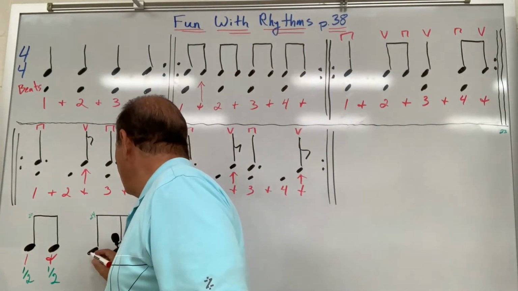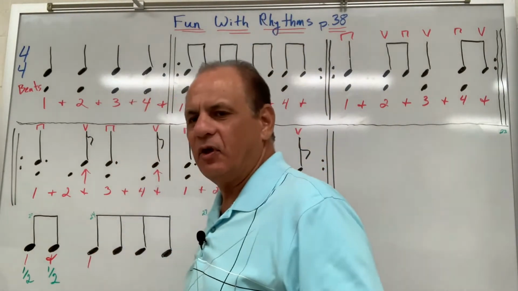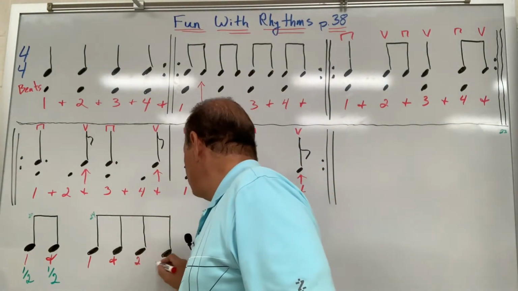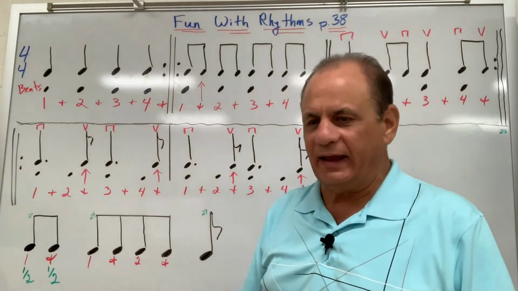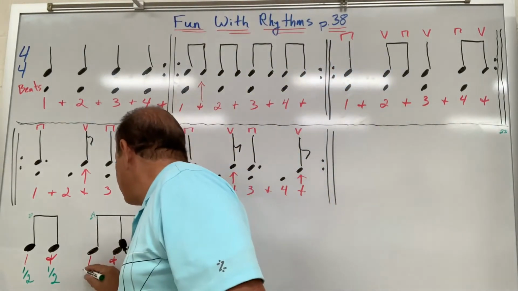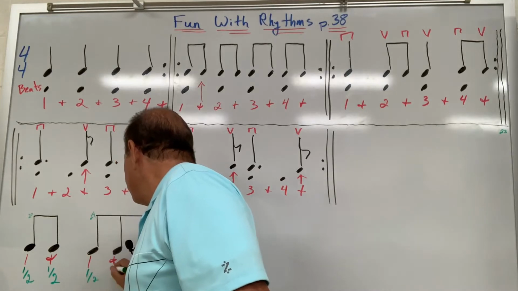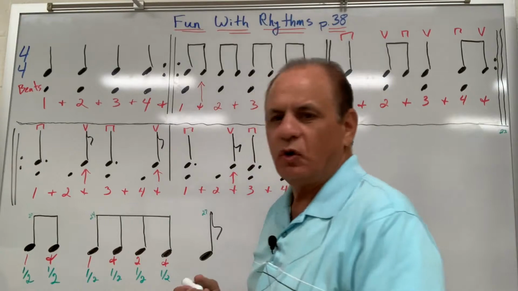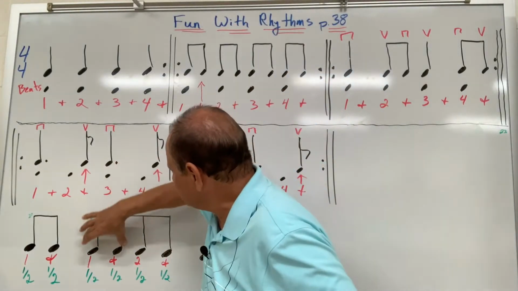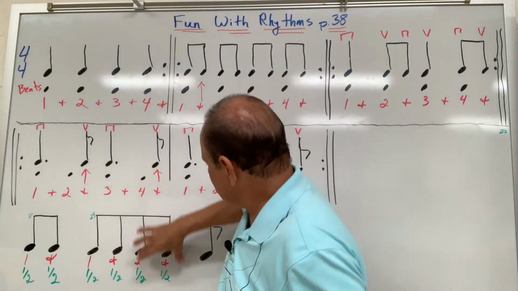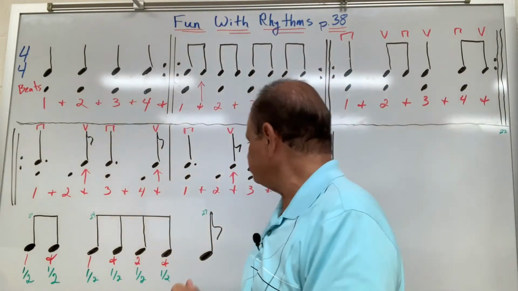So we have 1 here for that eighth note, then and, followed by and, then 2, and then followed by another and. Each of these symbols is half of a count. So we have a half there, a half there, a half here, and a half there. So these two eighth notes add up to 1 beat, and these 2 eighth notes add up to 1 beat.